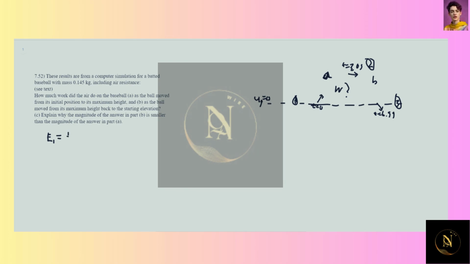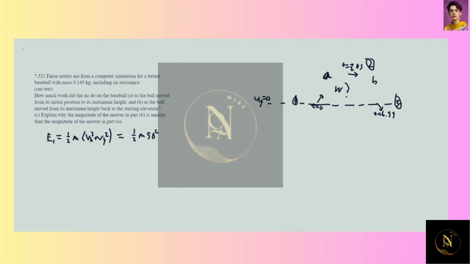So we have 1/2 times the mass of the baseball times the velocity squared. If we find the velocity from the components Vx and Vy, we have Vx squared plus Vy squared. As these vectors are perpendicular to each other, the Pythagorean rule applies, so you just get V squared, and that's 1/2 mass times 50 squared.